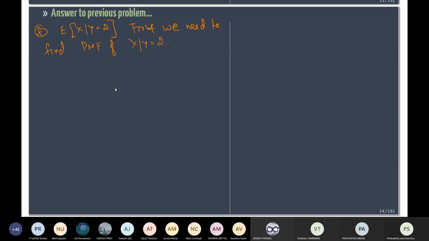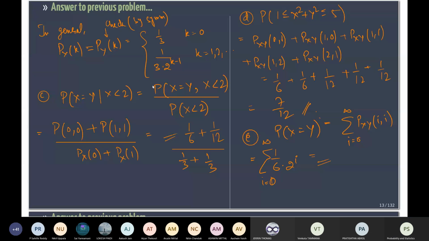So the PMF of x given y, at k given 2, is the joint p x y at (k, 2) divided by the probability that y is equal to 2.